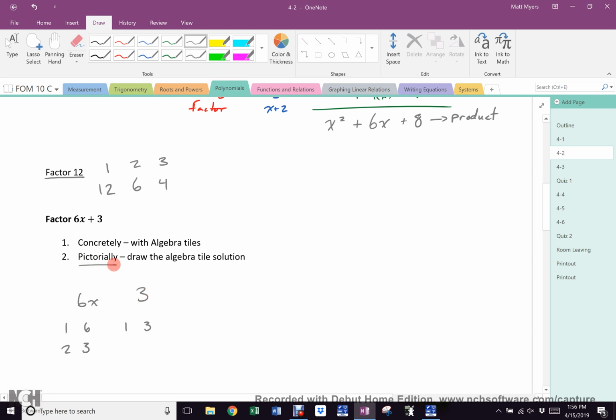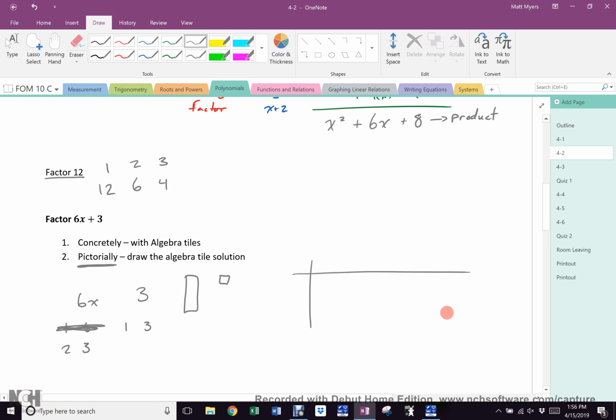Now, if I want you to draw this for me, you know that I need a rectangle, right? And you know that I can't use 1 and 6 because 1 is useless. So I got to get 2 and 3 of x's, and the x's are bars, and 3 and 1 of these little guys to fit into a rectangle.